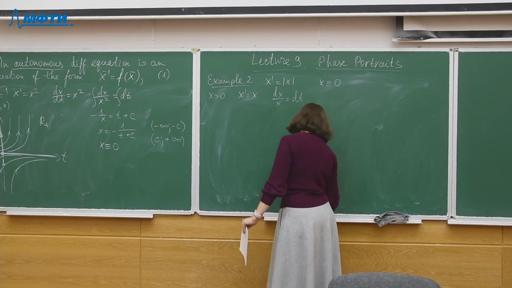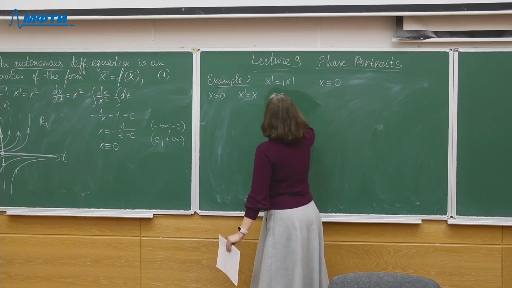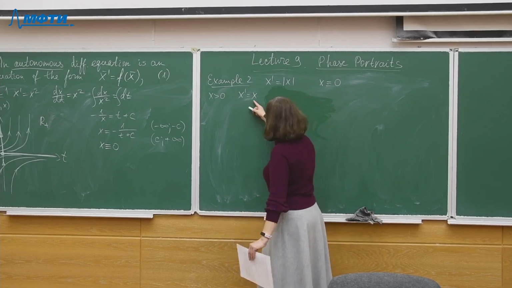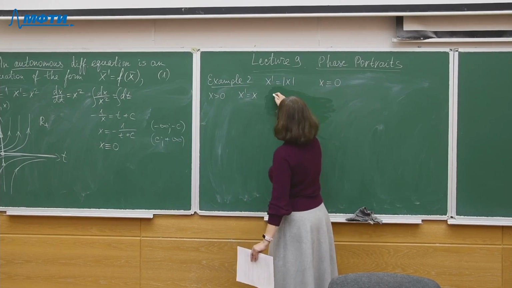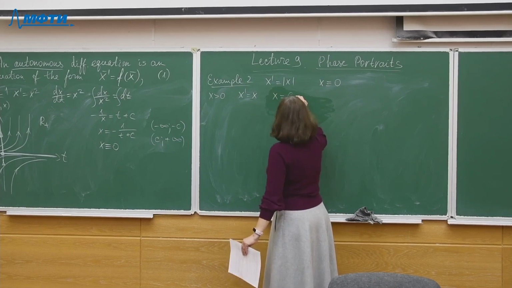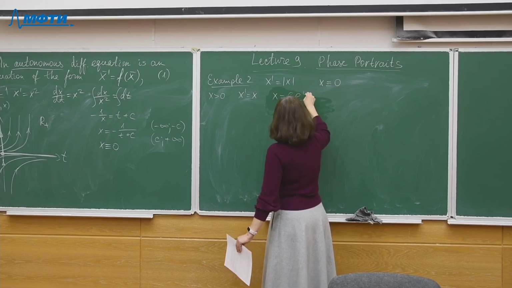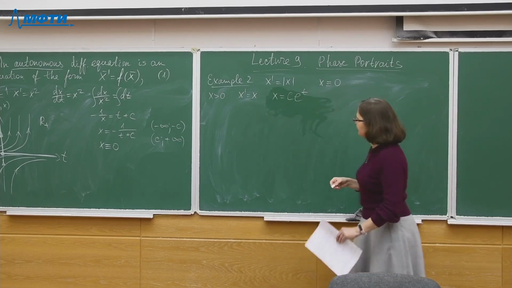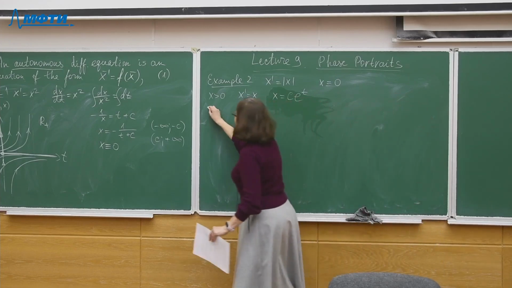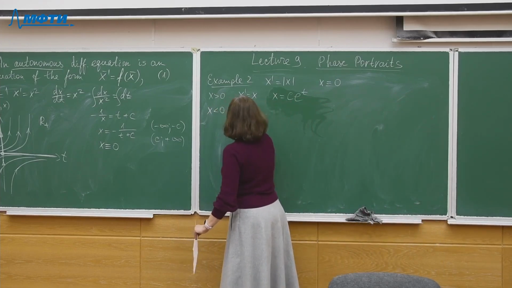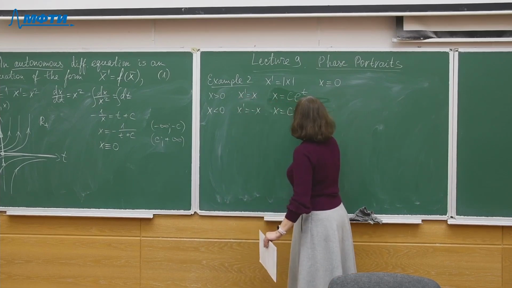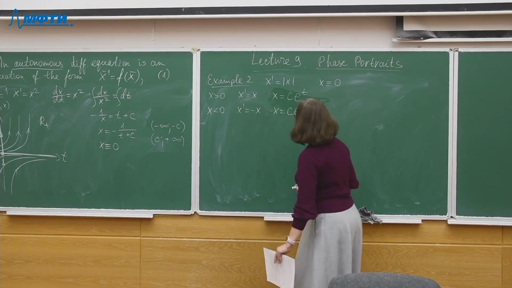I know the solution. This is a linear differential equation with constant coefficient, so x equals c times e to the power t. If x is less than 0, we have the following, and x is equal to c times e to the power minus t.